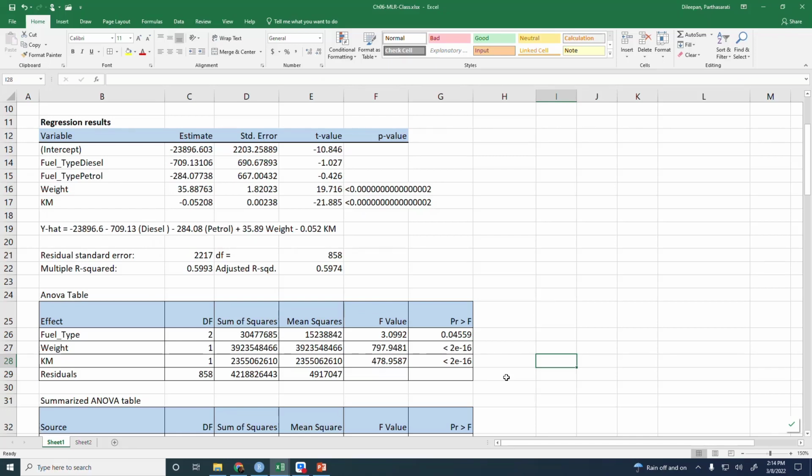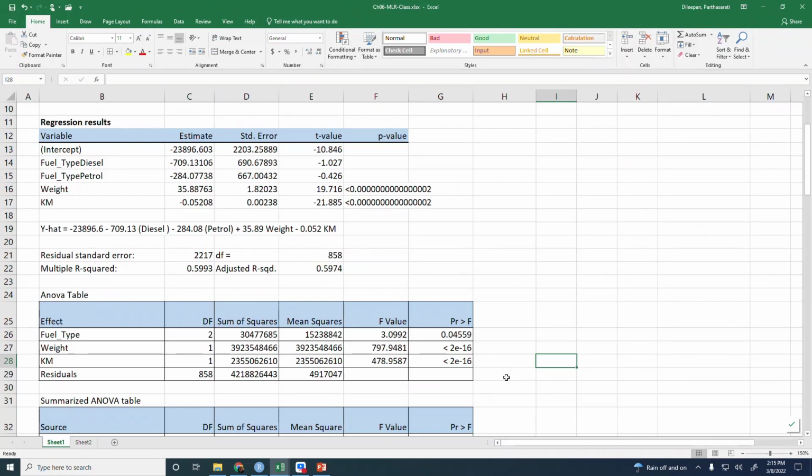So you divide that 2 into the sum of squares, okay, then you get the mean square. Then we have the residuals. Okay, residuals is the leftover variability that the model is not able to explain. Now that has degrees of freedom 858. So that is n minus p minus 1. That's the formula. Okay, write that down. N minus p minus 1.